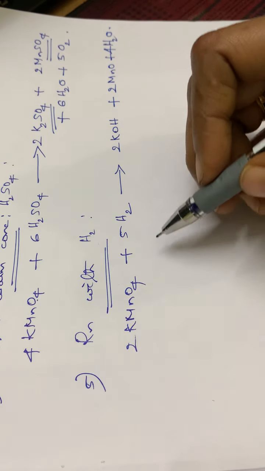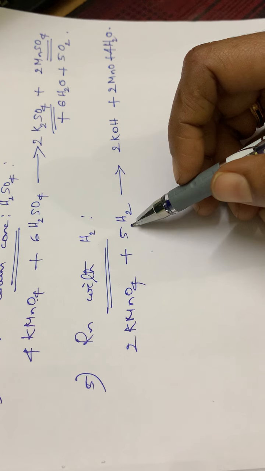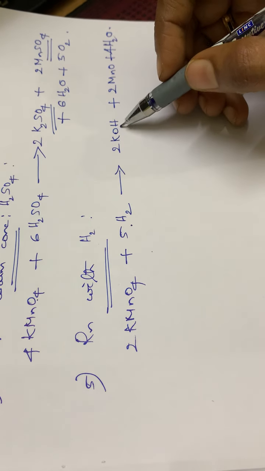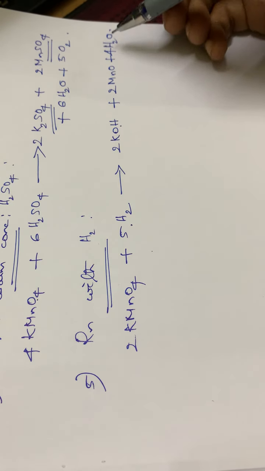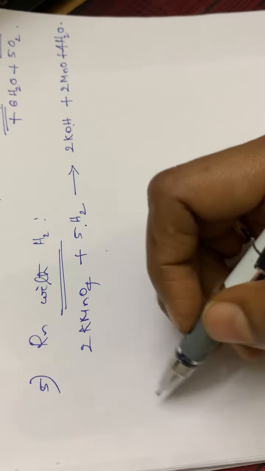So using solid KMnO4 on heating in the presence of hydrogen gas, we will have potassium hydroxide, manganese oxide and water, 4H2O.